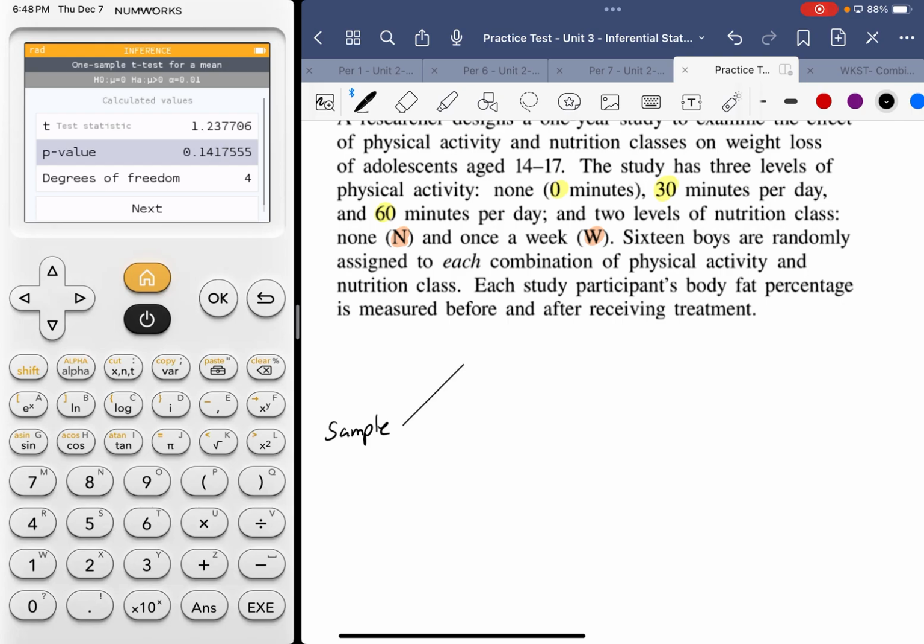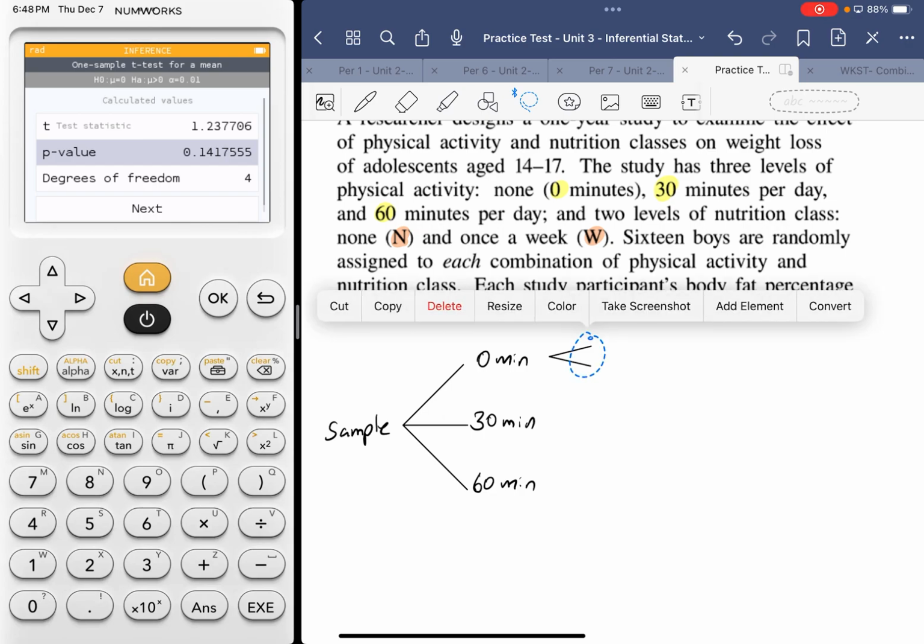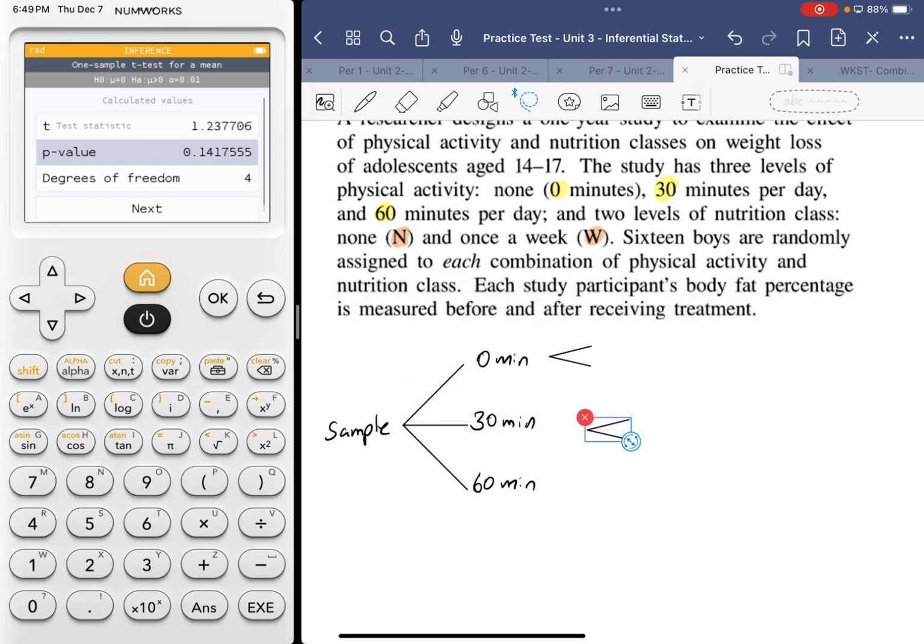So they're broken up into 3 groups: 0 minutes, 30 minutes, and 60 minutes per day. Then the subset for each of those, this just brings us back right to Unit 2 when we talked about tree diagrams. That's essentially what these diagrams end up being. So for each of these time intervals, we get an N and a W.